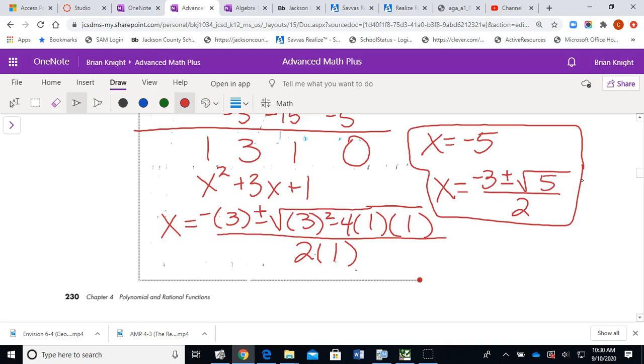But since it didn't say round, you can leave it like that. These are not imaginary, they're still real, they're just what kind? They're not rational, they're irrational. And remember, I told you, imaginary answers and irrational answers always come in pairs. Everybody good? All right.